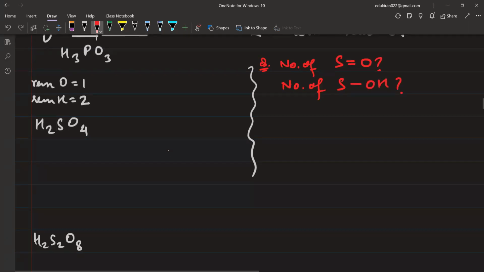How many double bond O and how many OHs are there? First of all, make the structure. The answer will not come so quickly.